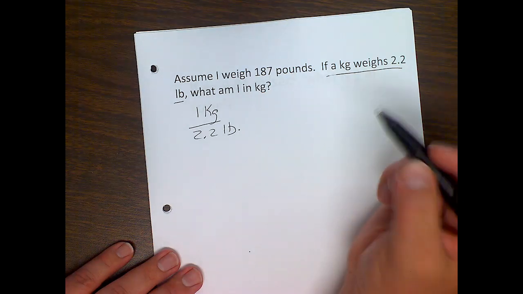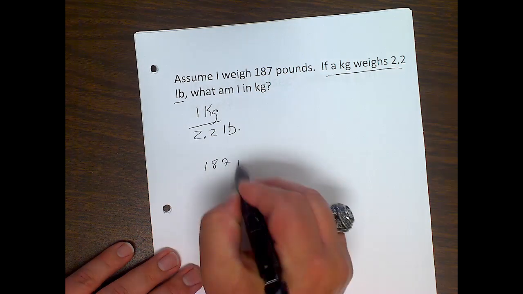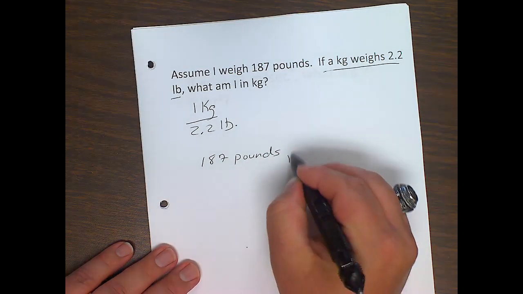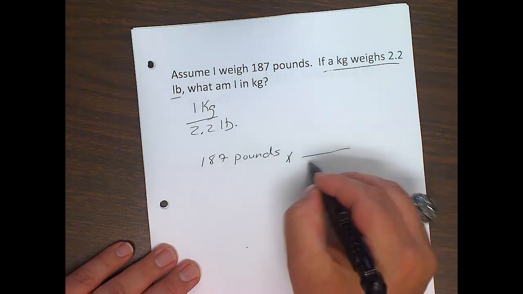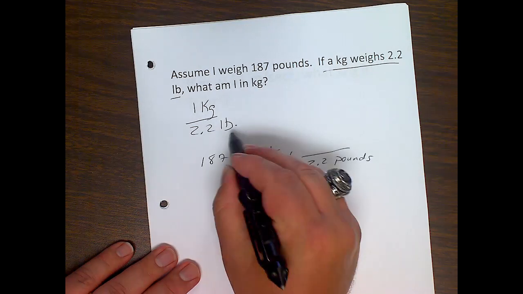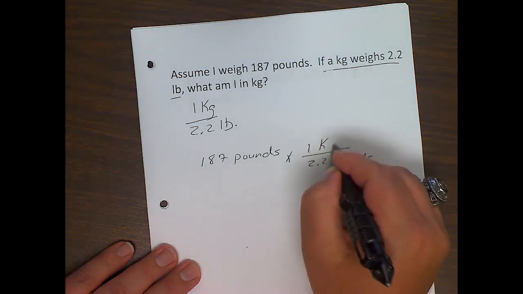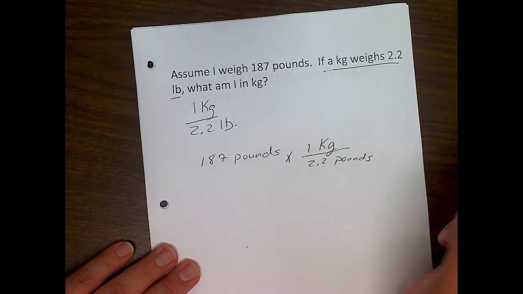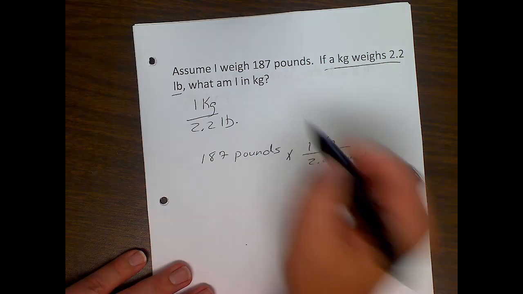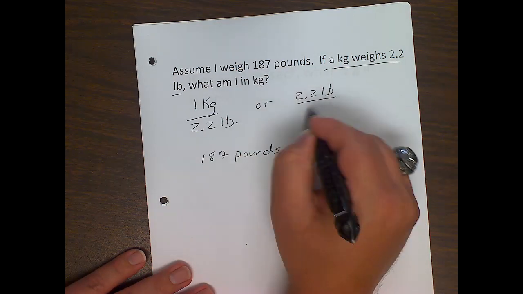Now, the reason that I wrote it like this as a fraction is if these things are equivalent, then effectively I'm multiplying by 1. So I'm going to take 187 pounds and I'm going to multiply that by 1 kilogram over 2.2 pounds. In this case we could also have said 2.2 pounds is equivalent to 1 kilogram.